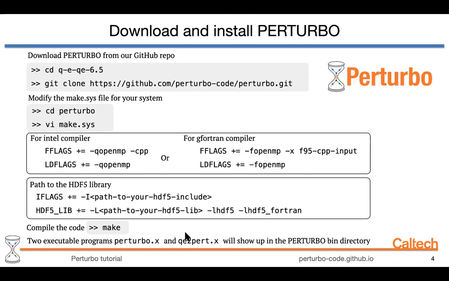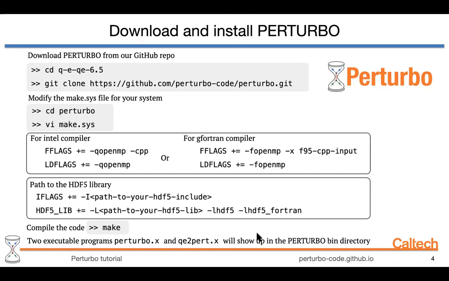Once you execute this one, you will generate an HDF5 file, which is required by Perturbo.x. And if you have a third party, for example another DFT code, then you can create another interface and generate an HDF5 file format that can be read by Perturbo.x.